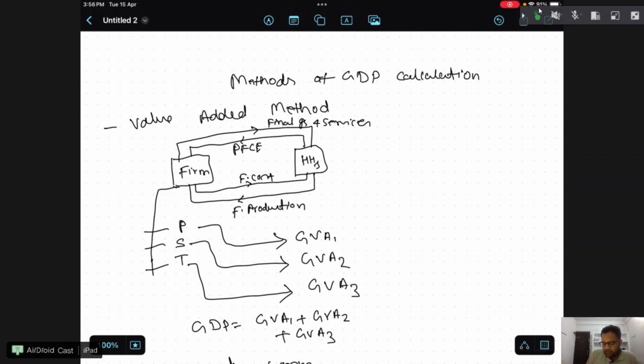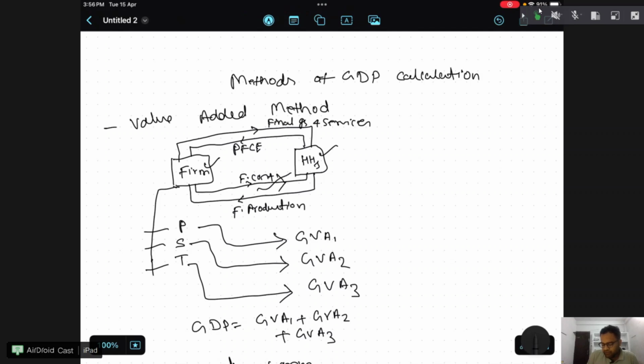In our two sector economic model, we had seen firms are producing goods and services and households are consuming, and we had also seen that here one's income is the second one's expenditure. For example, firms are giving factor cost to the household.